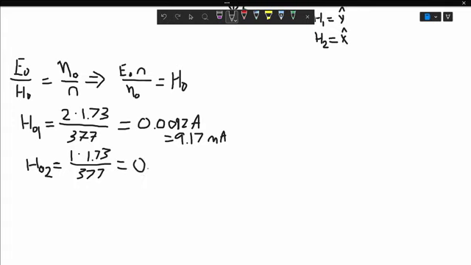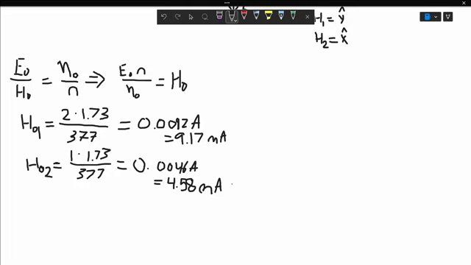We end up getting a value of 0.0046 amps, which converts to 4.58 milliamps.